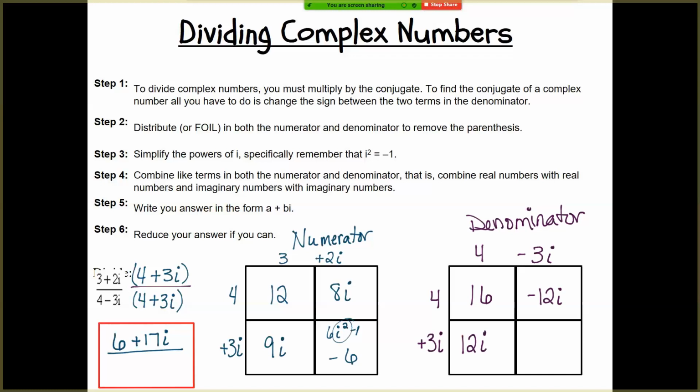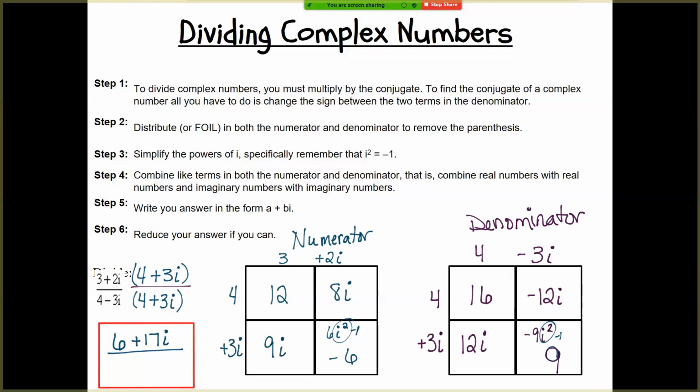And for my last box, -3i times positive 3i is -9i squared. Again, we're never allowed to leave this i squared. We got to replace it with -1. -1 times -9 is positive 9. So that box actually has a value of positive 9.